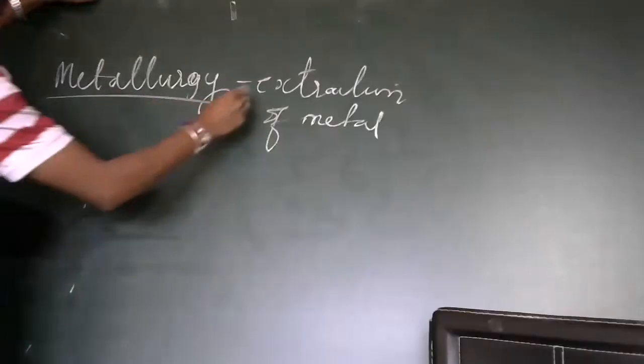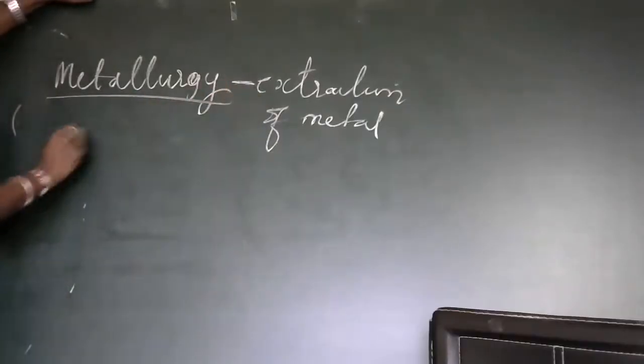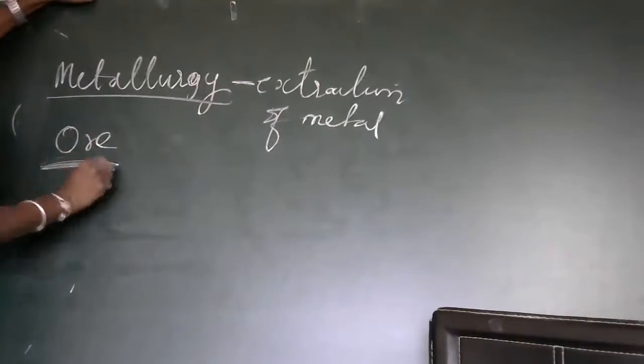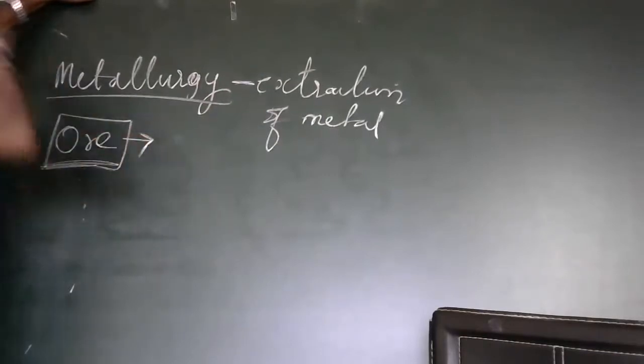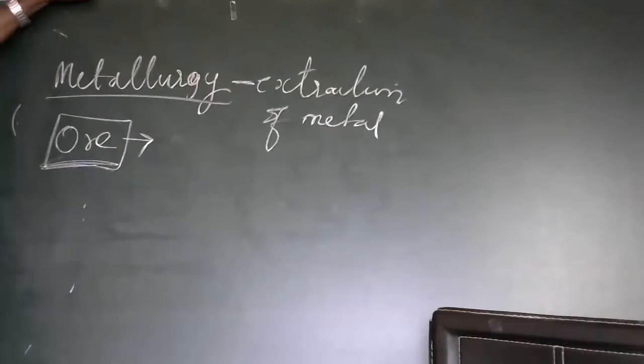This is metallurgy. Before going to metallurgy, we should understand what is ore. You may have studied it in geography. What is ore? Ore is a mineral or a compound in which metal exists, or from which metal can be extracted.